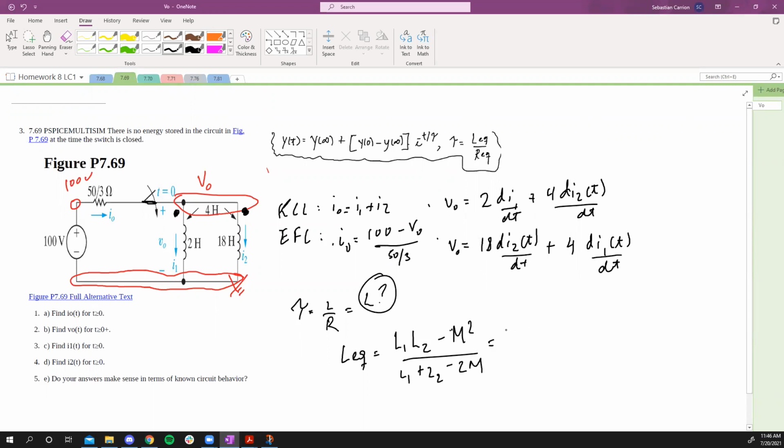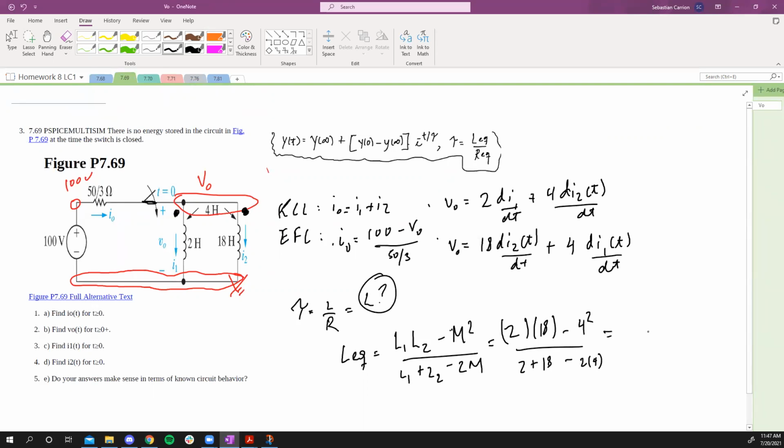L1 is 2, L2 is 18, and M is 4, so 2 times 18 minus 16, over 2 plus 18 minus 8.